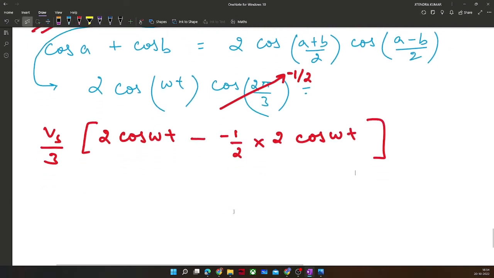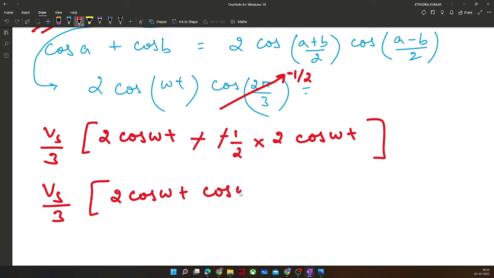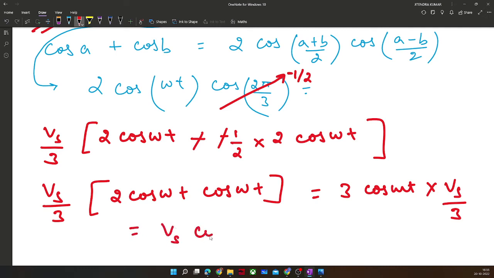So we come to the conclusion: 2 cos omega t, minus minus plus, so plus cos omega t. So it is 3 cos omega t into Vs by 3. And if you now see here, your Vs cos omega t is the thing.